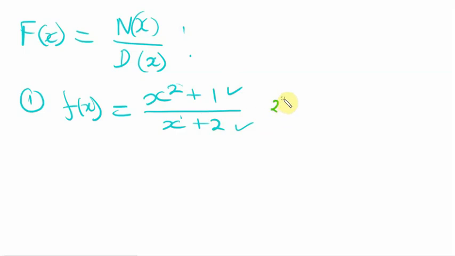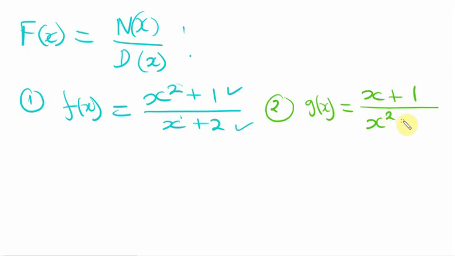Second example, we'll call it g of x, whereby the numerator's degree will be lower than that of the denominator. Therefore, it's still a rational function.